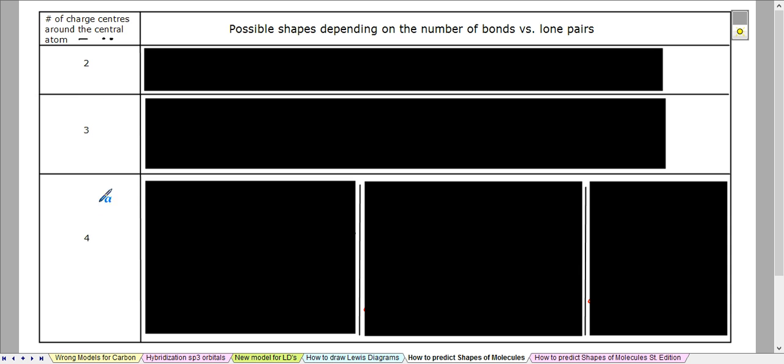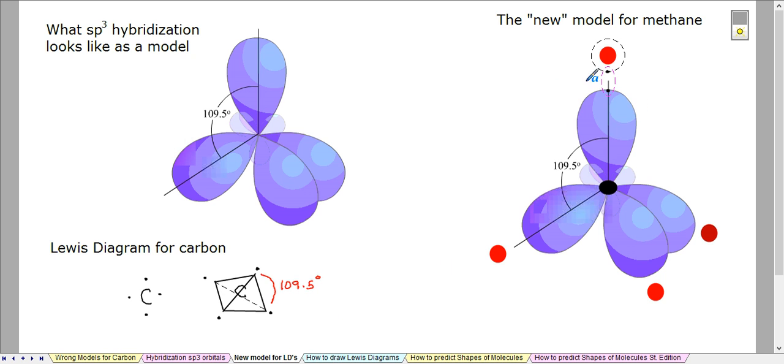And when we get down to 4 charge centers, it's going to force the shape of the molecule to go into a 3-dimensional shape, which takes us all the way back to this idea about this weird shape that carbon can take with hydrogen, this tetrahedral configuration.